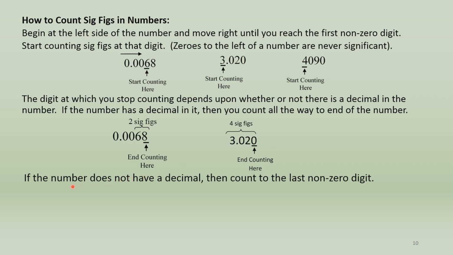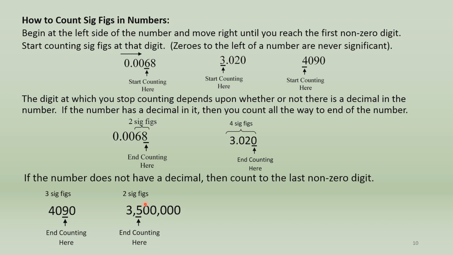Now the other case is if the number does not have a decimal, then you count to the last non-zero digit. So in the number 4090, we start counting at the 4, but we stop at the 9. There's no decimal in the number, so zeros to the right of the last non-zero digit are not significant. In the number 3.5 million, start counting at the 3, stop at the 5.